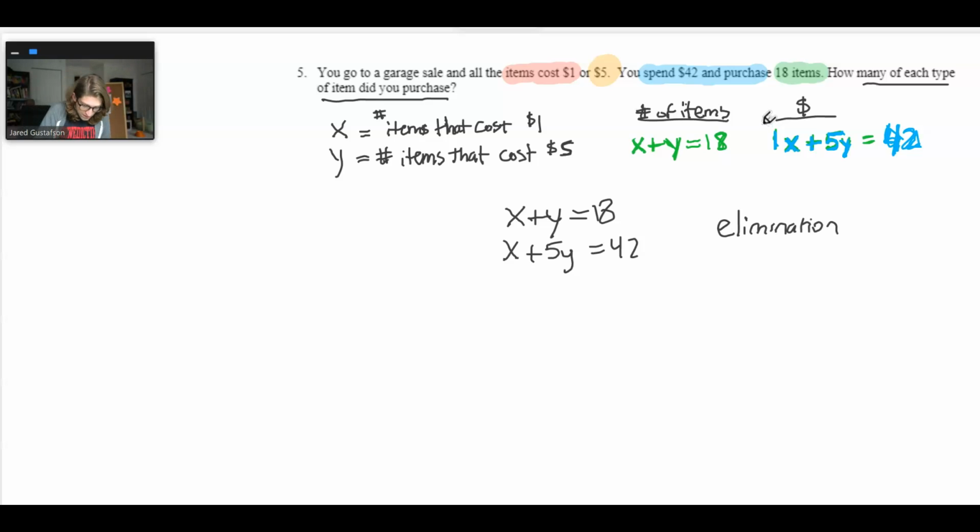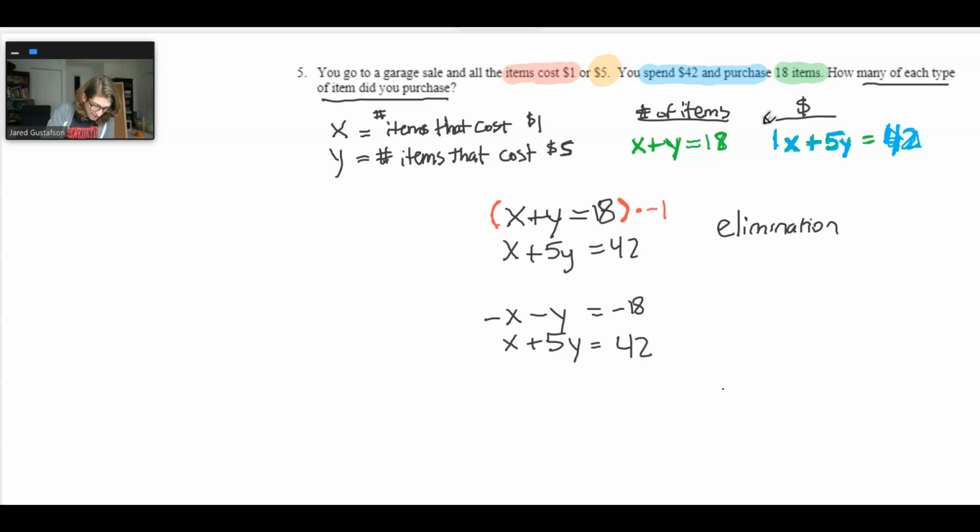Even though we don't see opposites, it'd be pretty quick to make opposites happen. If you multiply either equation by -1 to change the signs, I'm going to do the top just because. You could do the bottom. We get -X minus Y equals -18. We get X plus 5Y equals 42.